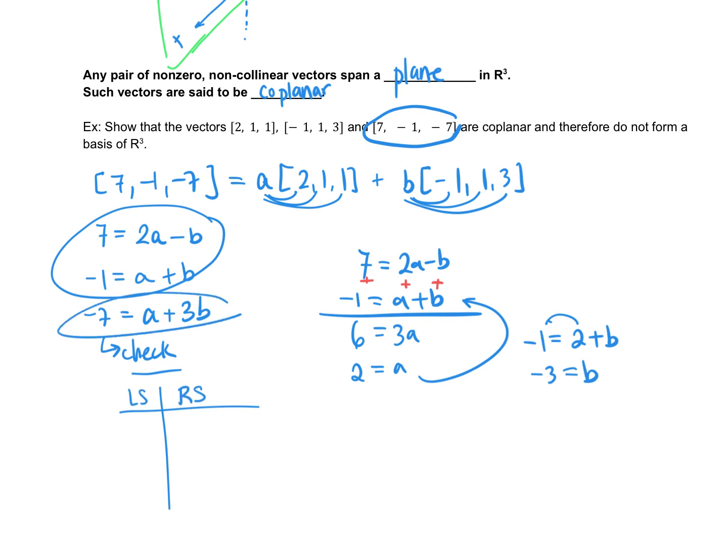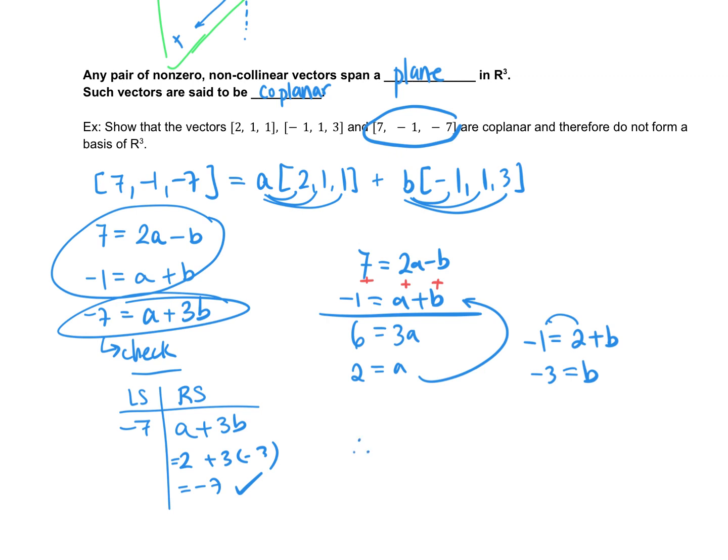The left side of the equal sign is -7. The right side is a plus 3b. So for a, I'll put 2. For b, -3. That's 2 minus 9, which is -7. So the fact that I was able to write one vector as a linear combination of the other must mean that these three vectors are coplanar.